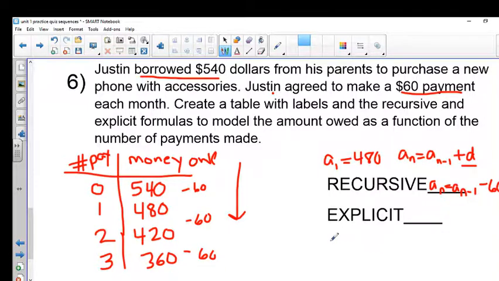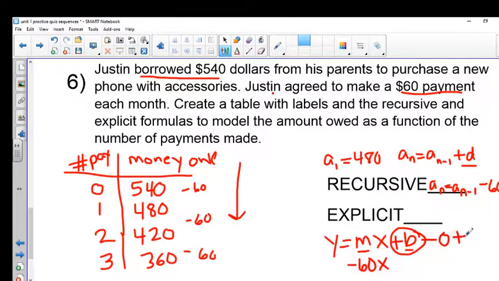For explicit, we're going to use Y equals MX plus B. Remember, we're only going to plug in for our M and our B. Our M is what we're going up or down by. I know we were going down, so we got negative 60, and then I'm just going to bring my X down. My B is my before term, or my 0 term. It's before the first term.